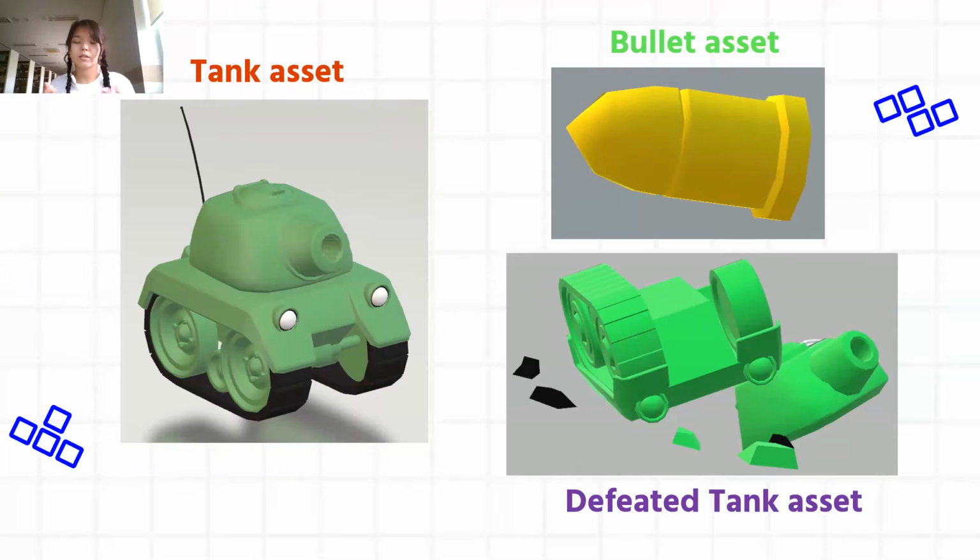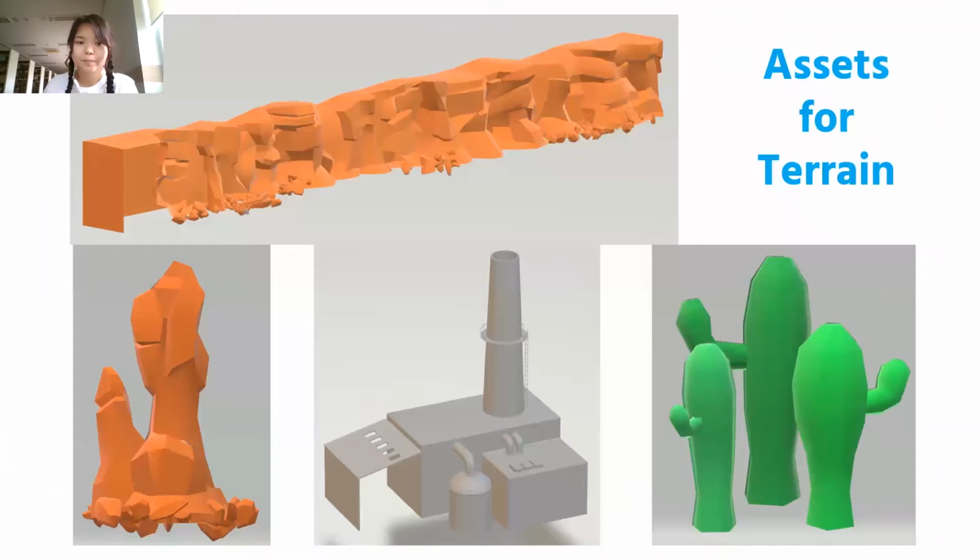It's appearing when the tank is shooting to some target, and when it achieving the target, the asset is disappearing. And when we defeat a tank or someone defeat us, our asset change to the defeated tank asset.